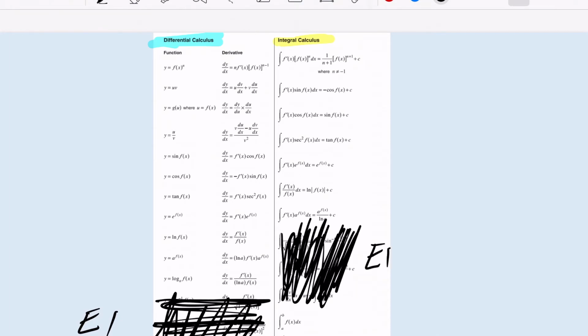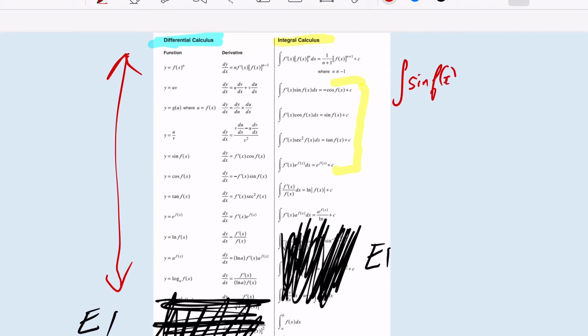Apart from that, all of these formulas come into play for us, but just a little bit of warning on the other side. I just want to highlight these 4 formulas for integration. When I teach the integral of, say, a sine function of x, I teach that it's negative 1 over the derivative of this function multiplied by the cosine function of x plus c.